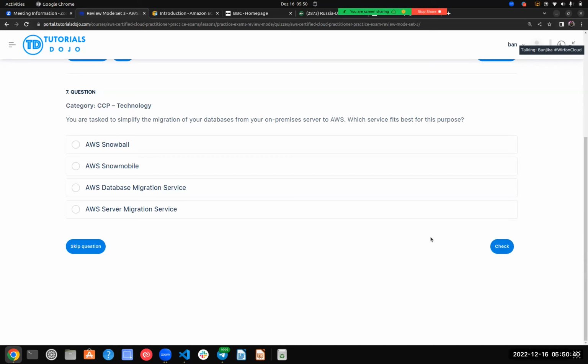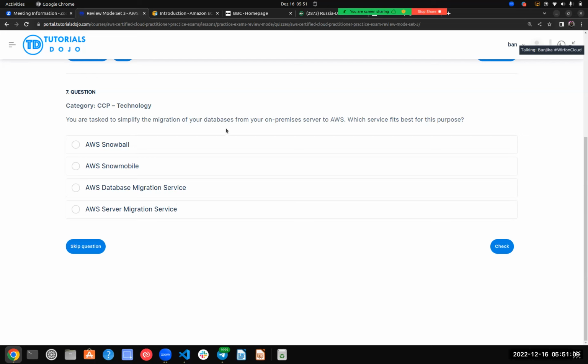So Silas, you answer this. You are tasked to simplify the migration of your database from your on-premises servers to AWS. Which service fits best for this purpose? C, AWS Database Migration Service.